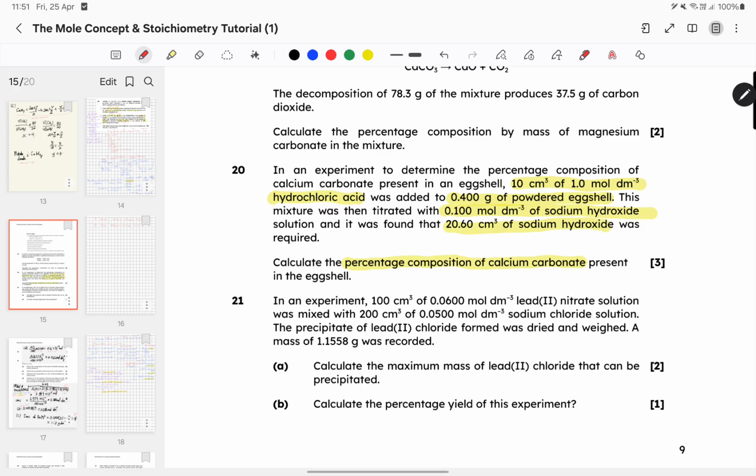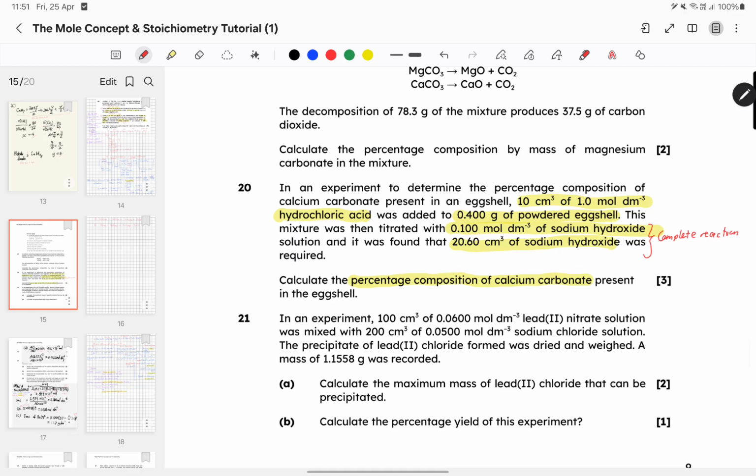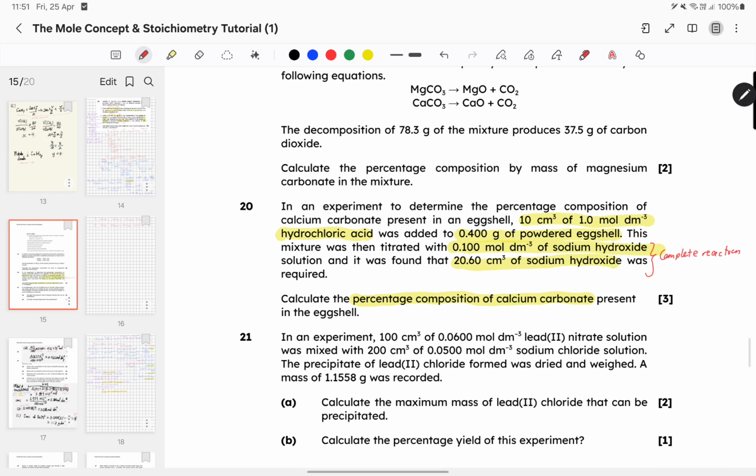Whenever a titration reaction is going on, you can definitely assume this is a complete reaction. So there is no excess or limiting reagent over here. And the fact that this mixture is titrated suggests that this mixture contains unreacted HCl.